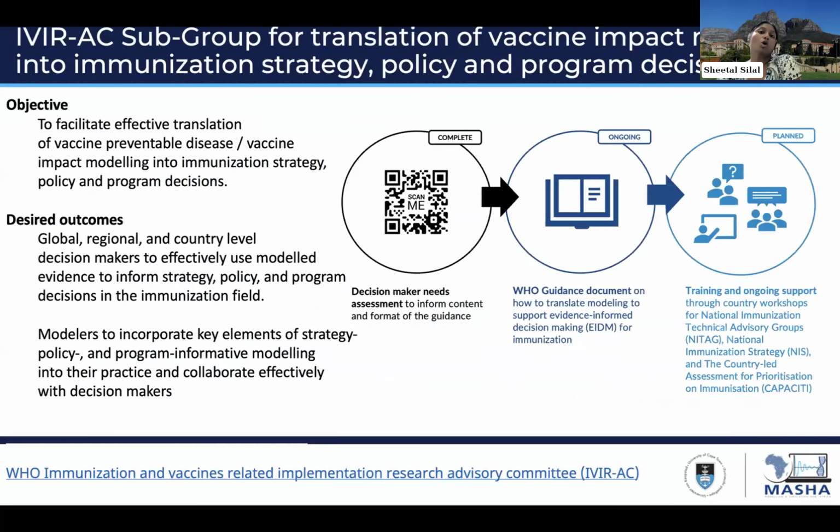So at the IVRAC, we have a subgroup that is tasked with supporting countries, NITAGs and RITAGs, and even at the global level with respect to helping to translate the impact of vaccine-related modeling in support of policy and program decisions.